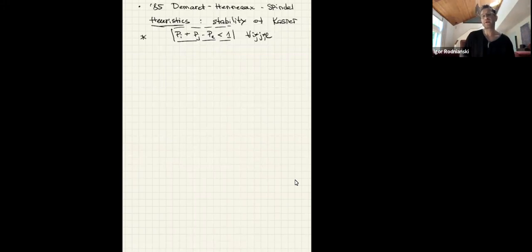Now, one important thing to observe immediately is that in vacuum, so when the scalar field is equal to 0, in dimension 3, which is the most interesting physical dimension, at least from a classical point of view, this condition is never satisfied. You can never find such Kasner exponents.